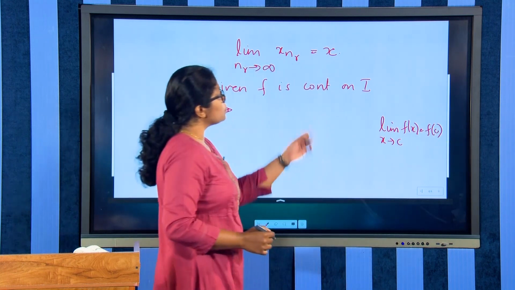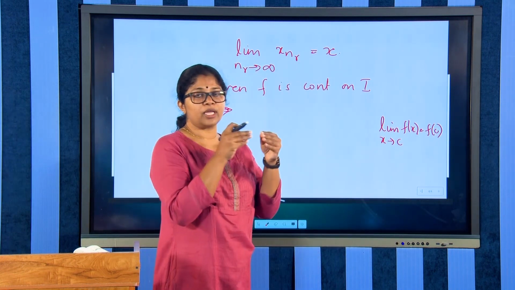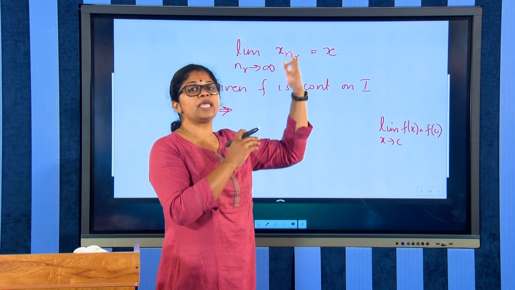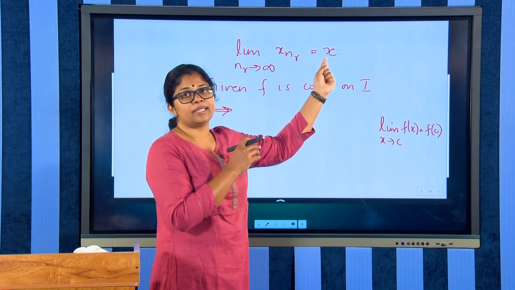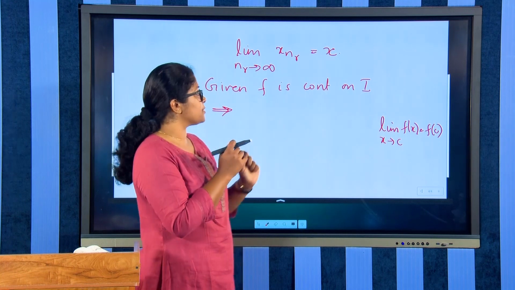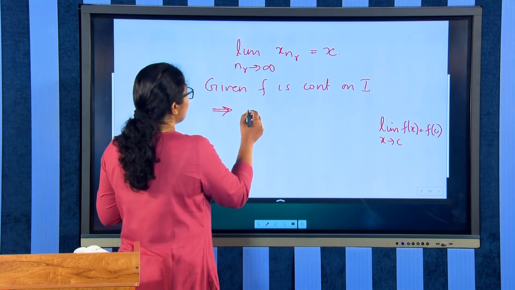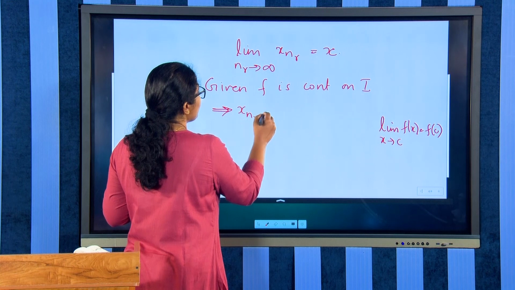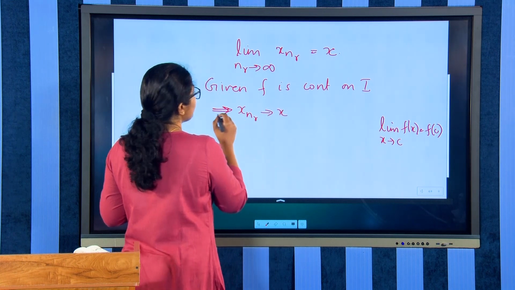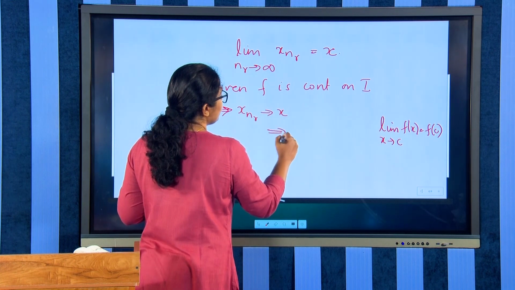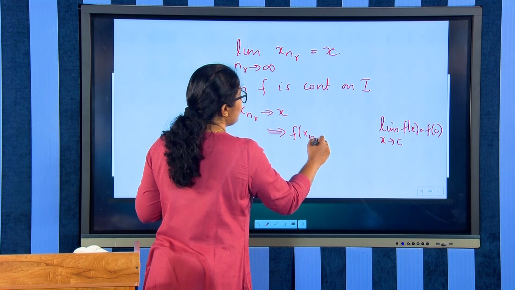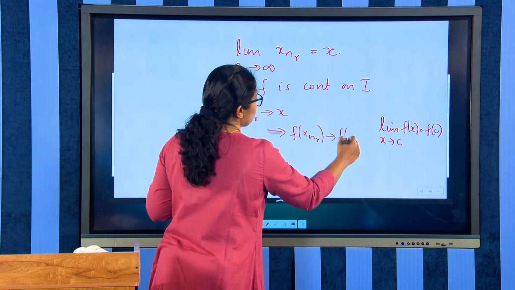Likewise, because your xnr's are going very close to x, the corresponding images will be going to the epsilon neighborhood of f of x. So, whenever xnr converges to x implies f of xnr converges to f of x.